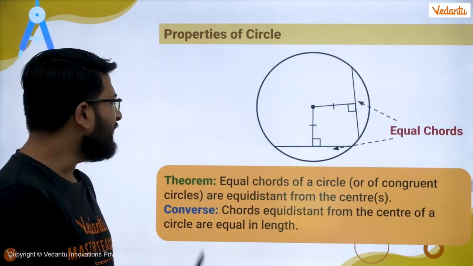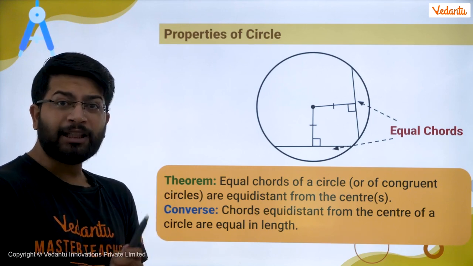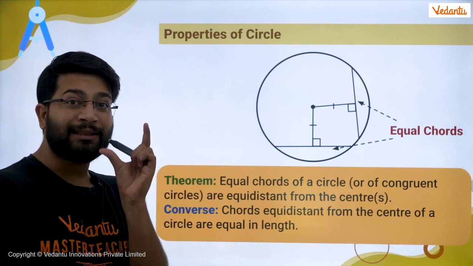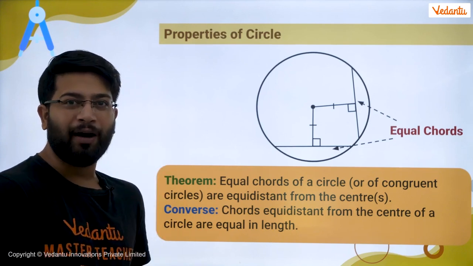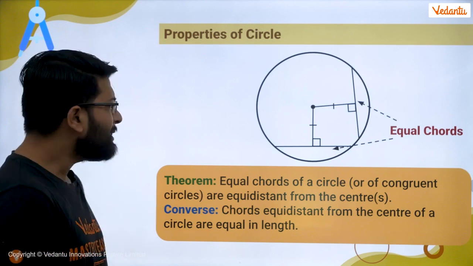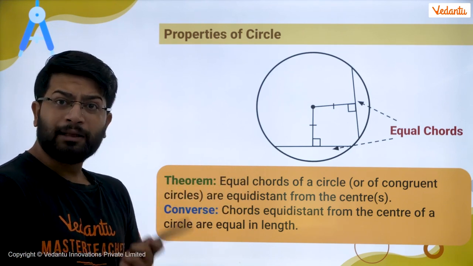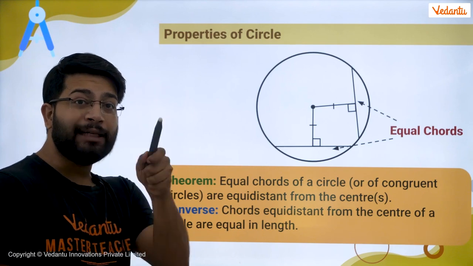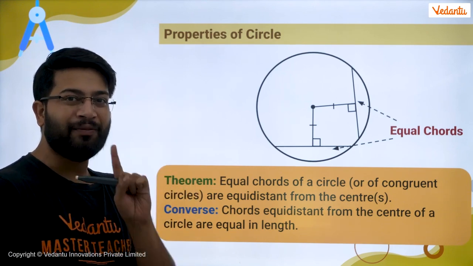And let's say if we have two chords of the same length, then the distance of these two chords from the center will be the same. That means if two chords are there inside the circle, then the perpendicular distance of these two chords from the center will also be the same.